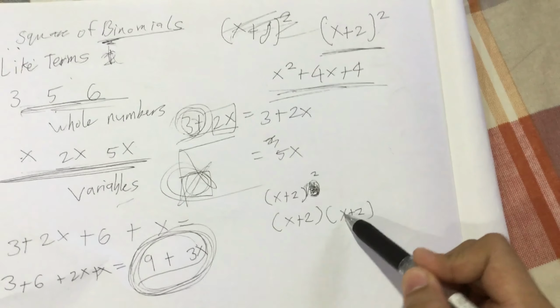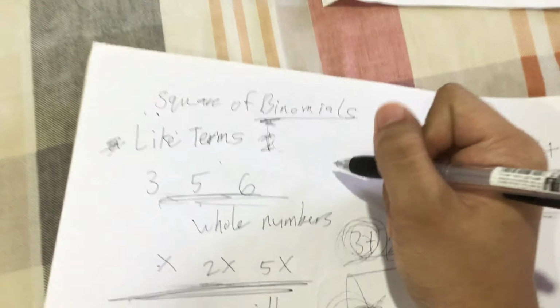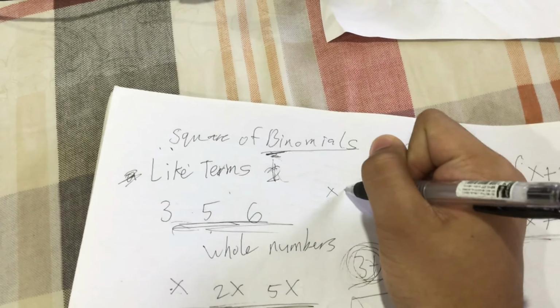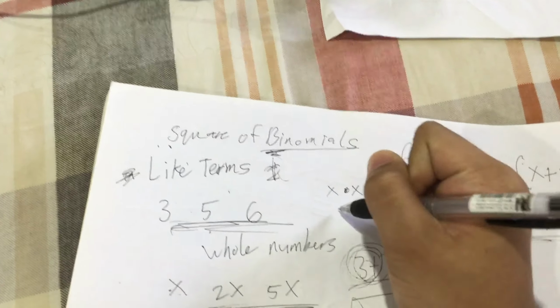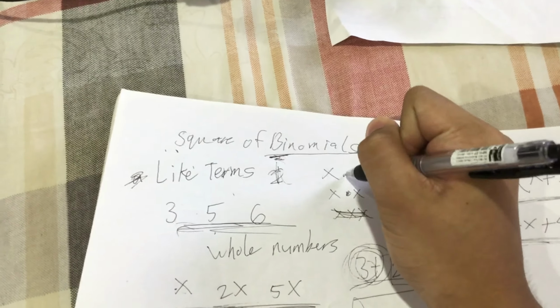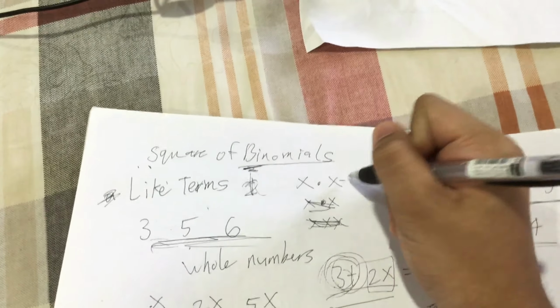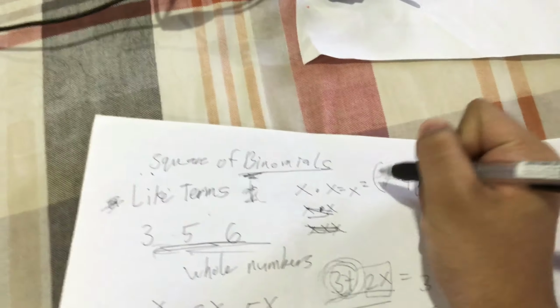X times x. Oh yeah, by the way, if you multiply variables, let's say for example x times x, we won't be doing it like this anymore because it's gonna look so weird. So x times x, from now on times is circle. X times x is x squared.